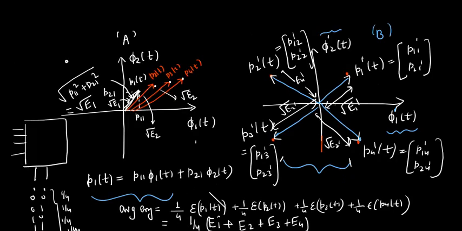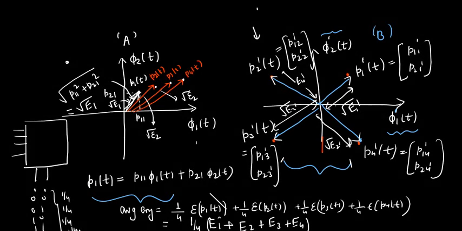So the average energy of this constellation will be 1/4 of E1 dash plus E2 dash plus E3 dash plus E4 dash. So you will say to A, the person who is transmitting less energy, from the transmitter point of view, I am a transmitter who is transmitting these 4 waveforms, right?